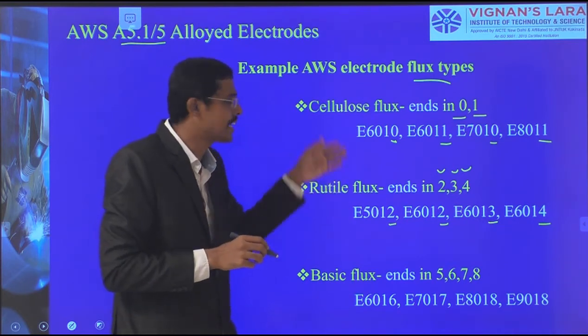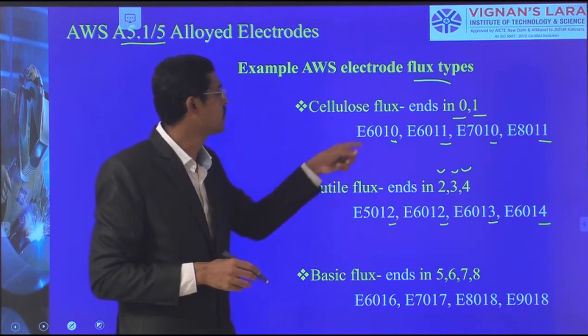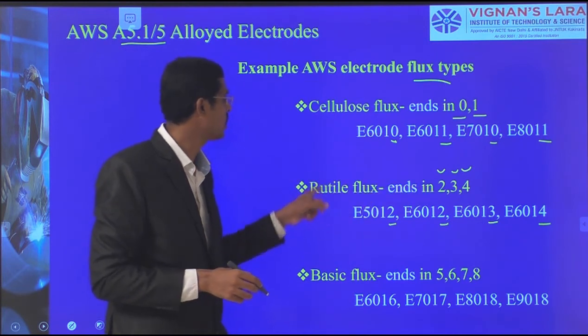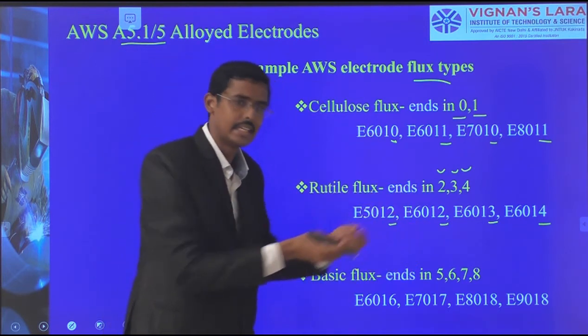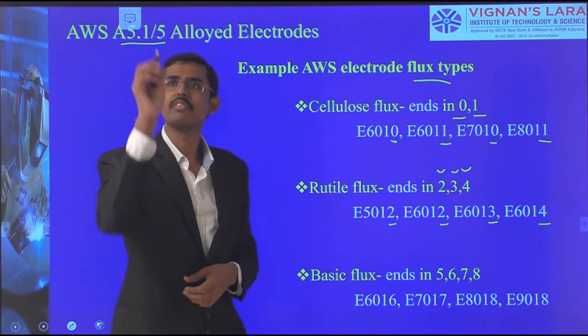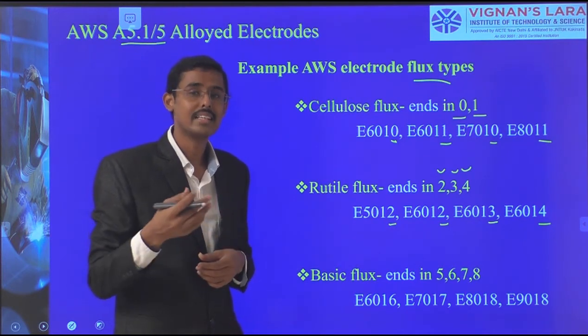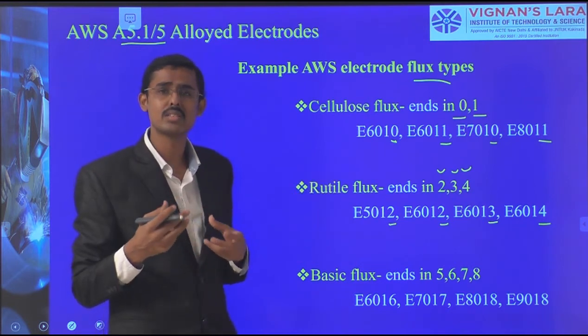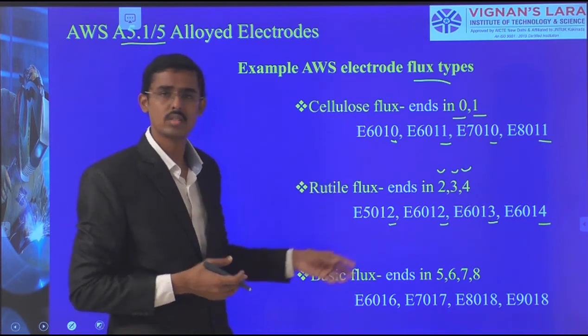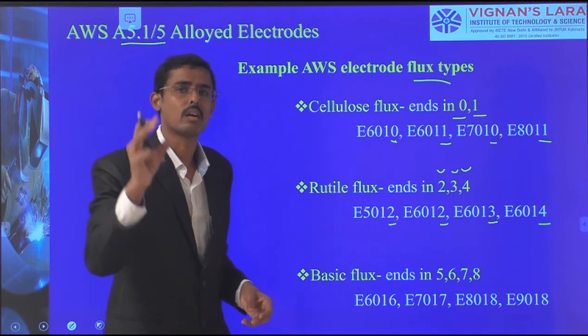They don't know how technical it is, whether they have to use 0, or 2 rutile, or cellulose. They just take it and start welding. If it is overhead and not possible, they will get damages and accidents. So it is our welding engineer's duty to check whether they are using the proper electrode or not.